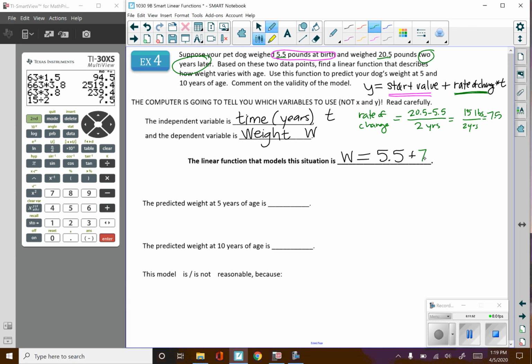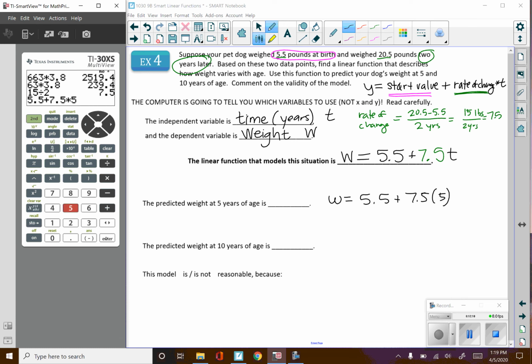So plus 7.5, and we multiply that by the number of years. So that's our function, 5.5 plus 7.5t. The predicted weight at 5 years of age would be 5.5 plus 7.5 times 5.